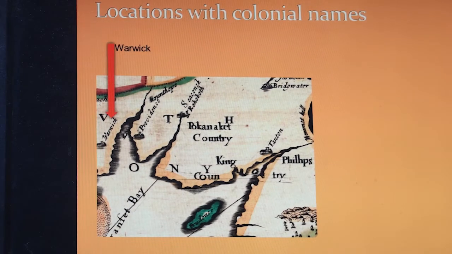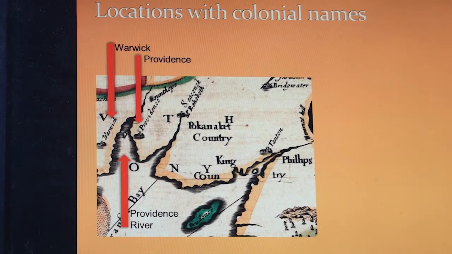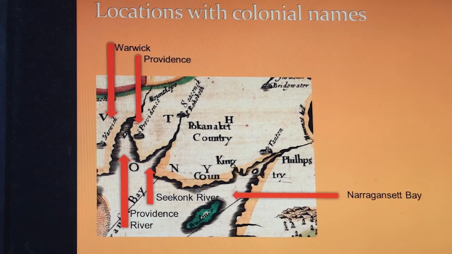Within the colony, we see towns of Warwick, Providence, rivers like the Providence River and the Seekonk River, and Narragansett Bay.